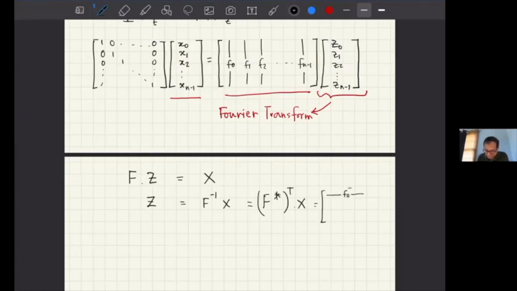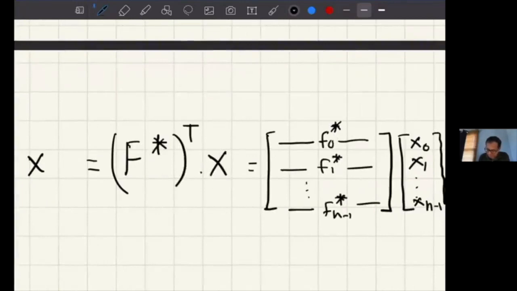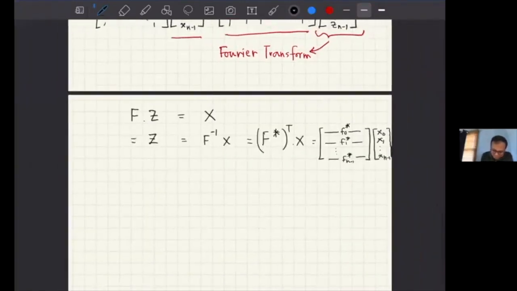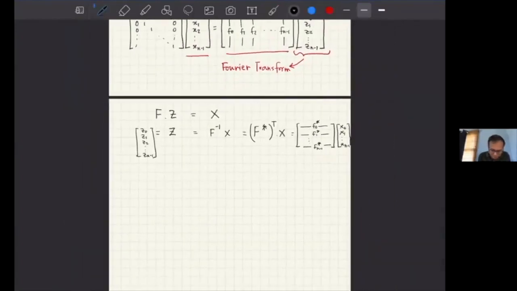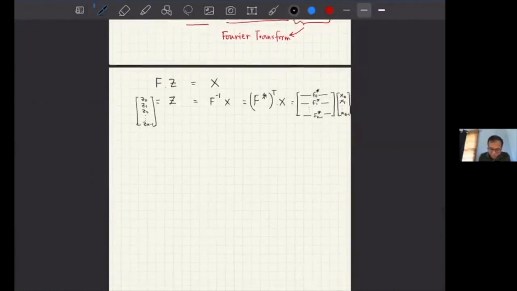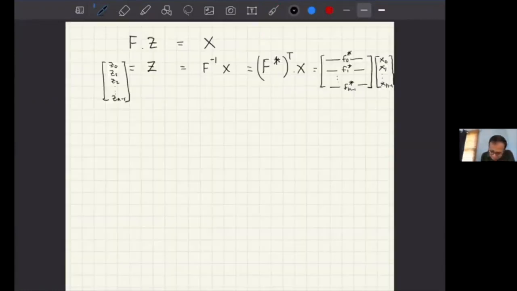F0 conjugate, F1 conjugate, so on till Fn minus 1 conjugate times x0, x1, xn minus 1. Right? That is nothing but this z0, z1, z2, zn minus 1. Very good. So then what should the equation be? Let's take z2.